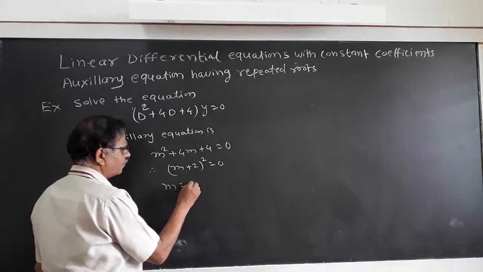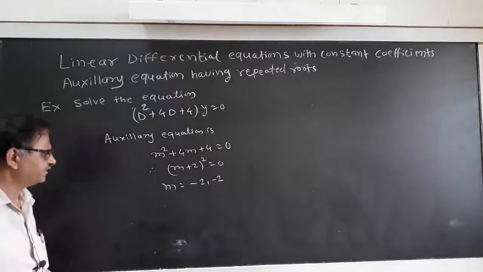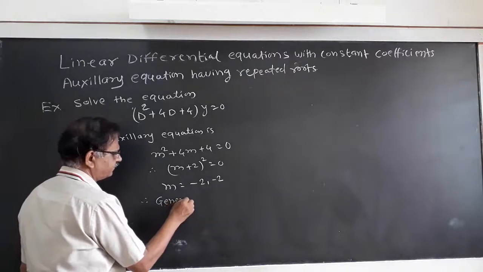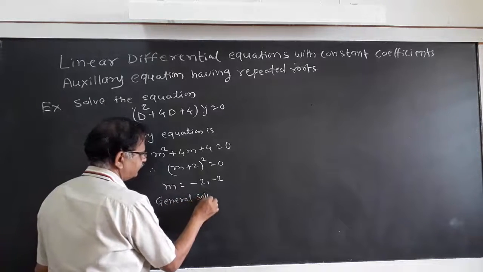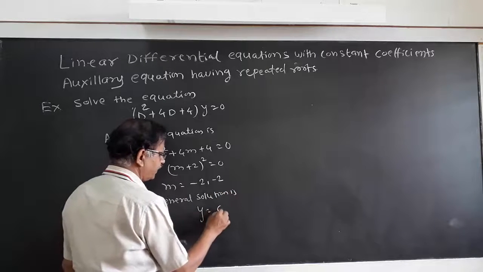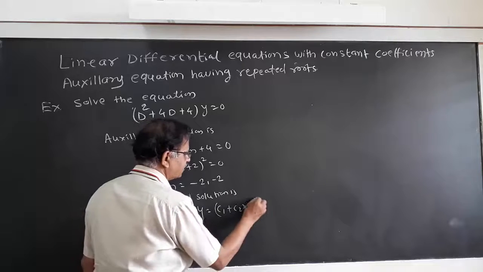Therefore m equal to minus 2 and minus 2. Minus 2 is repeated 2 times, and therefore the general solution is y equal to c1 plus c2x, e raised to minus 2x.